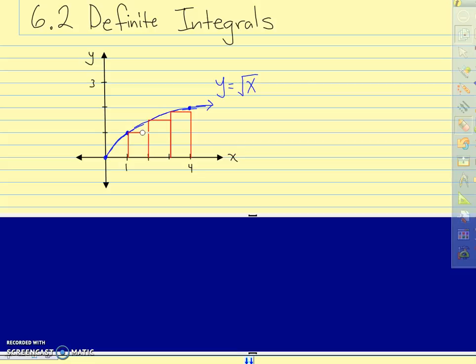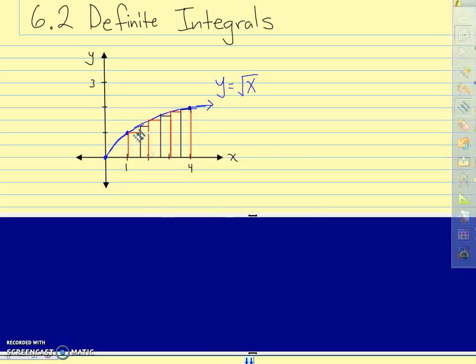Let's say we draw more rectangles. So our approximation gets better the more rectangles we create.